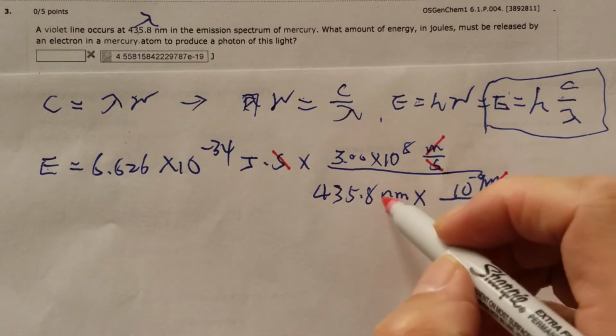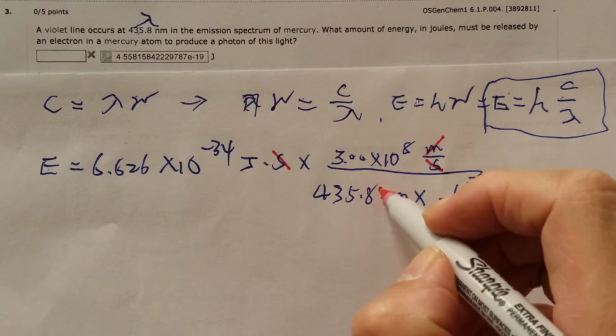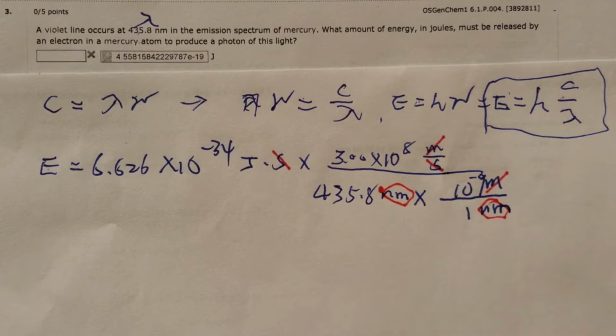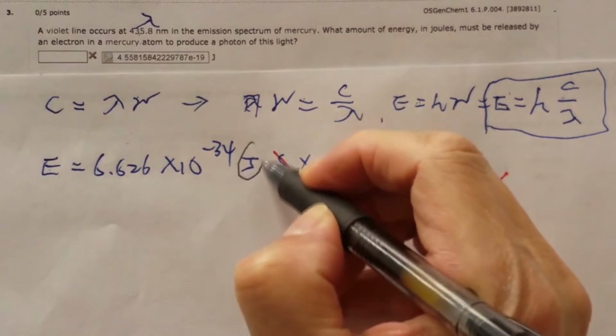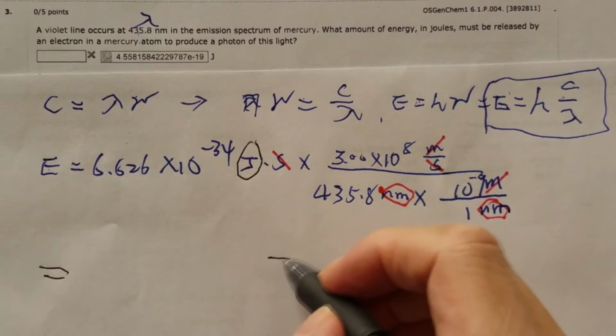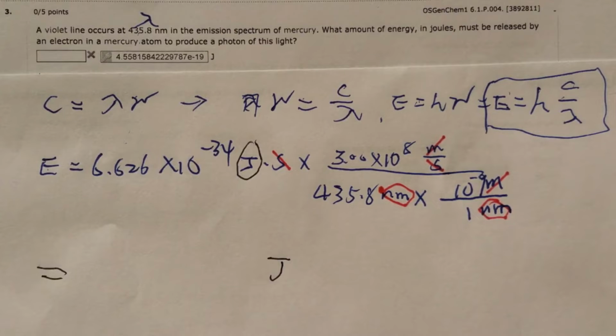And now, nanometers also cancel. So what is left? It's only this unit, joule, that is left. So that should be the unit for the final answer. I'll put that in there.